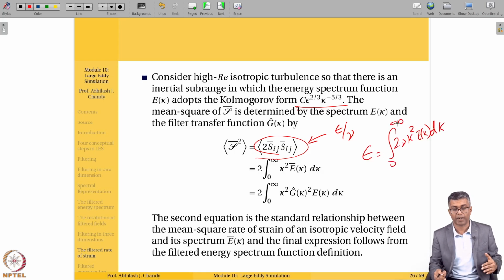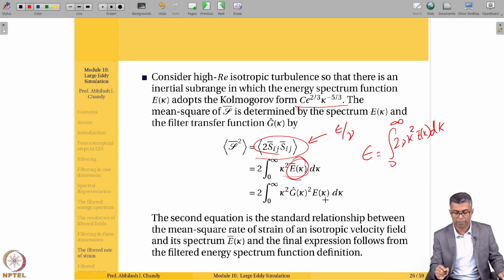So now you divide by nu, and then this is what you get: 2 times the integral from 0 to infinity of kappa squared E bar of kappa d kappa. Then, instead of this filtered energy spectrum, I will write this as kappa squared g hat of kappa squared times E of kappa.